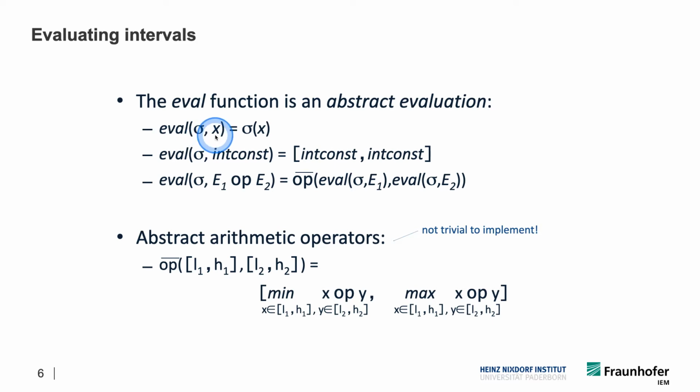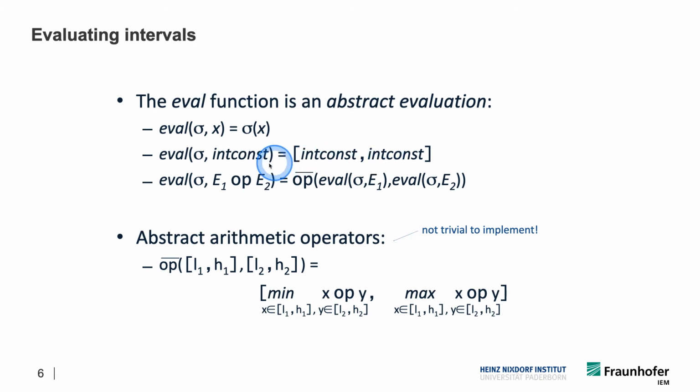If you want to evaluate a variable itself, you get the current variable's value by simply accessing the current mapping that exists for X in sigma. If we are evaluating an integer constant, it's rather simple: we map it to the interval that only contains this integer constant, so it's bounded on both sides by the same constant value.